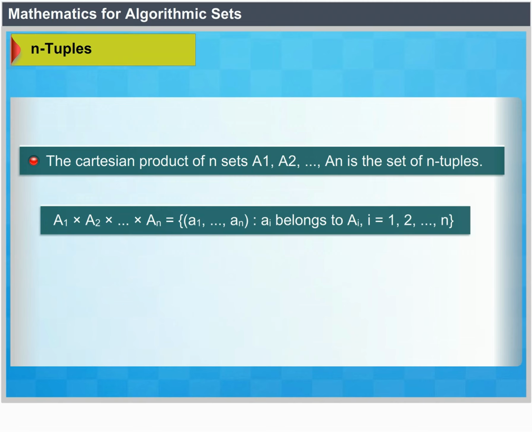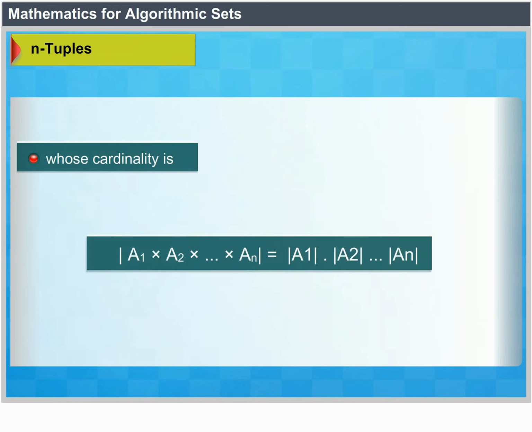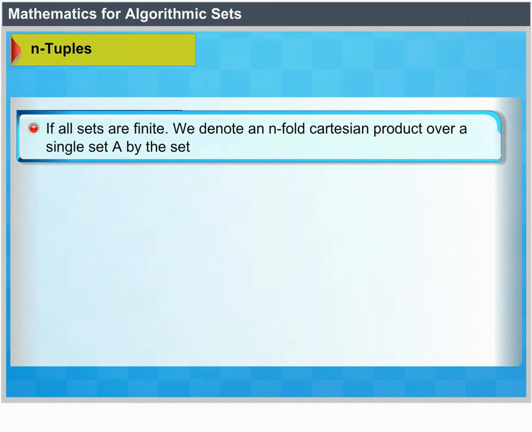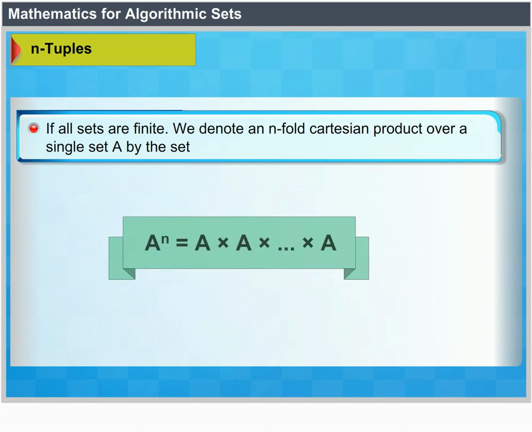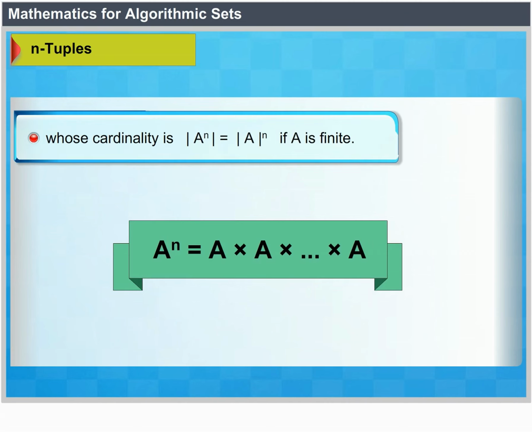Here i represents 1, 2 and up to n, whose cardinality is |A1 × A2 × up to An| equal to |A1| times |A2| up to |An|. If all sets are finite, we denote an n-fold Cartesian product over a single set A by the set A^n equal to A × up to × A, whose cardinality is |A^n| equal to |A| to the power n if A is finite.